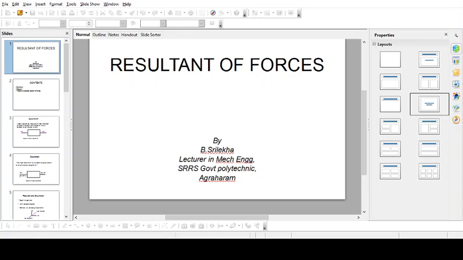So we have discussed equilibrium, equilibriant, resultant today. So a body is said to be in equilibrium if a system of forces are acting on it, and even then the body is in a balanced situation.